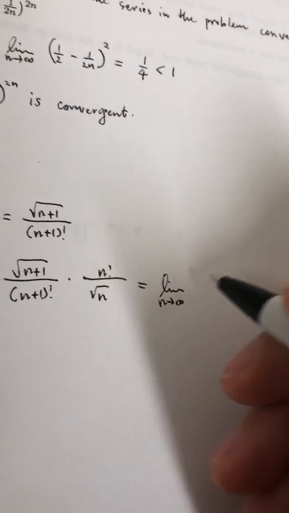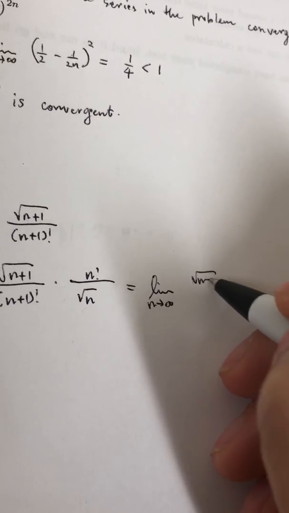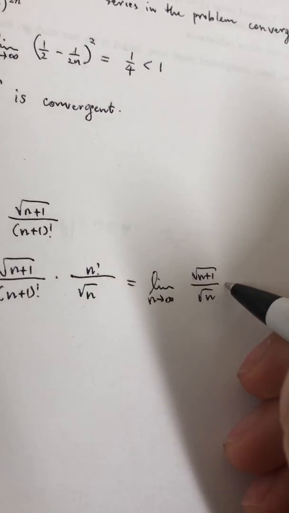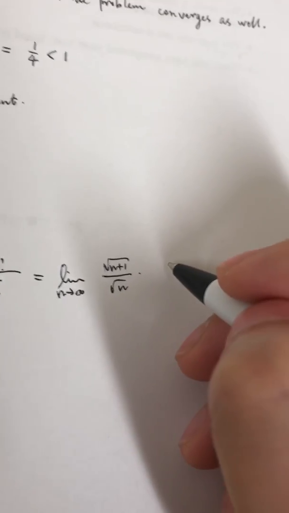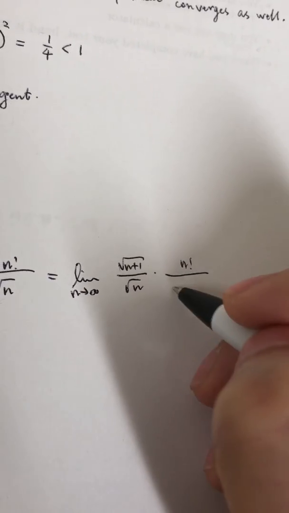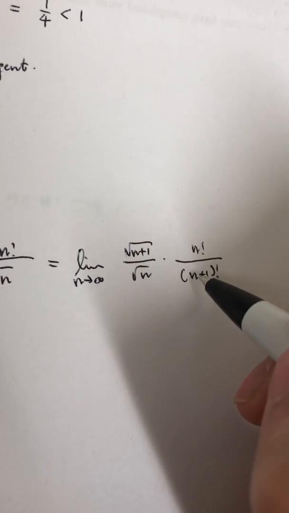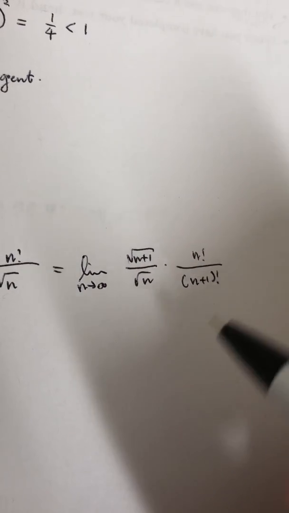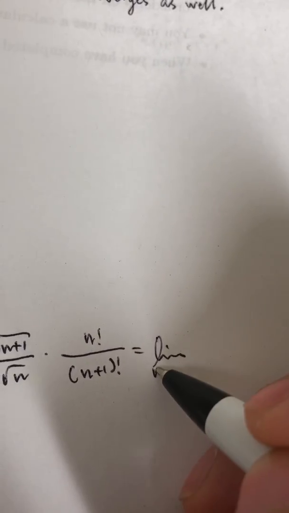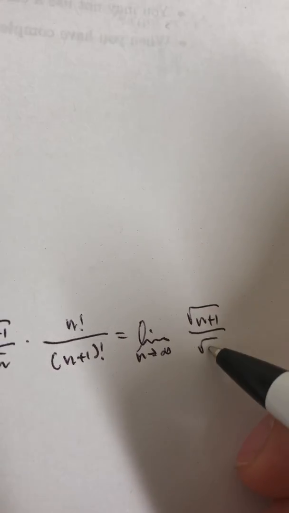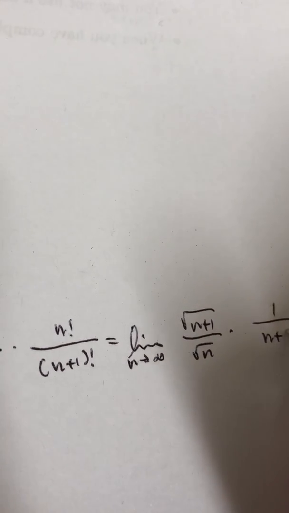Now you can switch the denominator and get the limit of root n plus 1 over root n, multiplied by n factorial over n plus 1 factorial. Remember, n plus 1 factorial is n factorial times n plus 1. So this is also equal to the limit of square root of n plus 1 over square root of n times 1 over n plus 1.